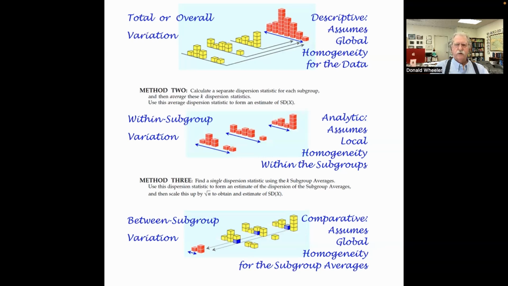It doesn't matter whether you use the range or the standard deviation statistic. It doesn't matter if you have a model or a p-value. What matters is that you have arranged and organized the data in such a way that the assumption of local homogeneity makes sense. And that's what we call rational sampling and rational subgrouping, which we will be talking about in session 7.